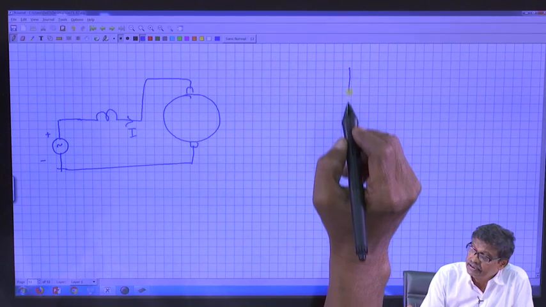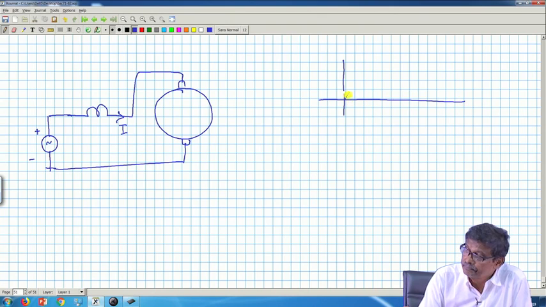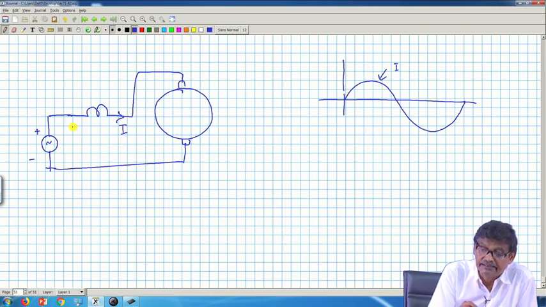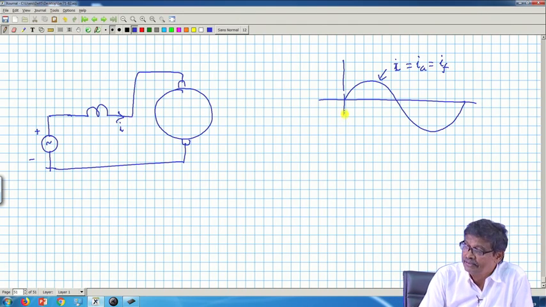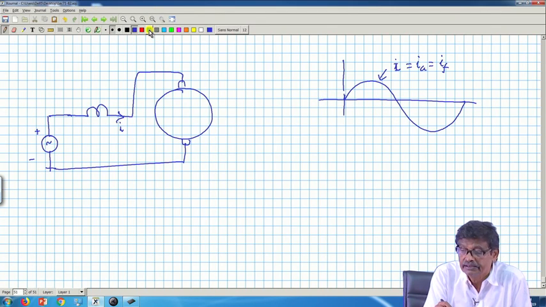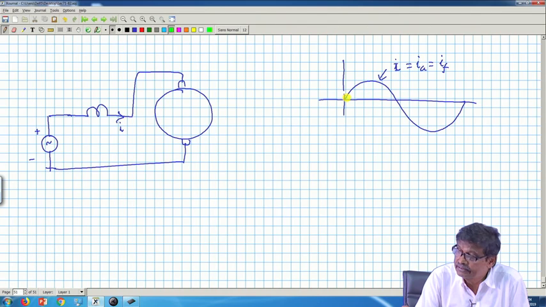Therefore, this is I, small i, the instantaneous current. This I is nothing but IA, nothing but I field. Therefore, the electromagnetic torque produced will be IF into IA, and if I sketch it, it will be something like this.